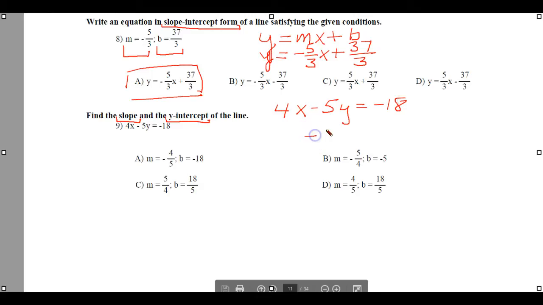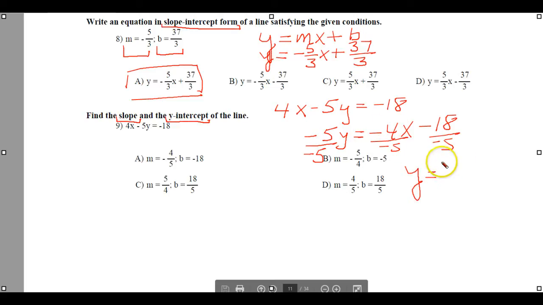And we start by moving the x to the other side, and now dividing everything by a negative 5. So this is y equals, a negative divided by a negative makes it a positive.